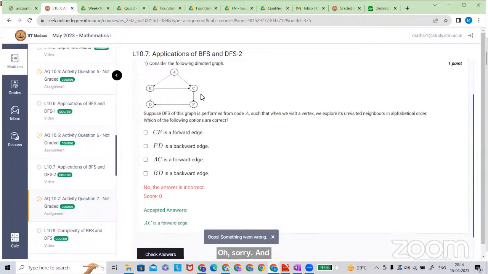BD is a backward edge, B and D. So it is a forward edge. Okay, FD, F and D, which is a forward edge. And we have CF, which is a forward edge.